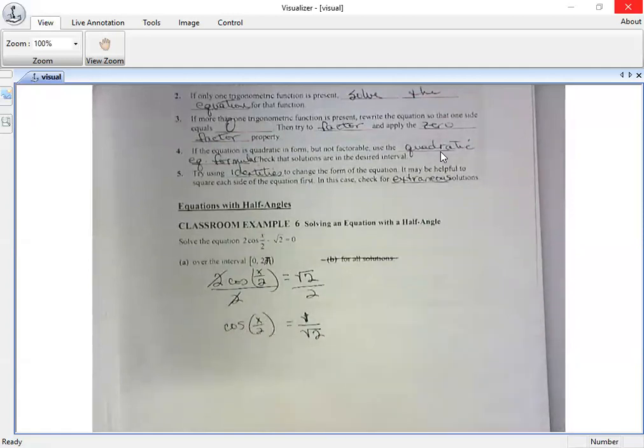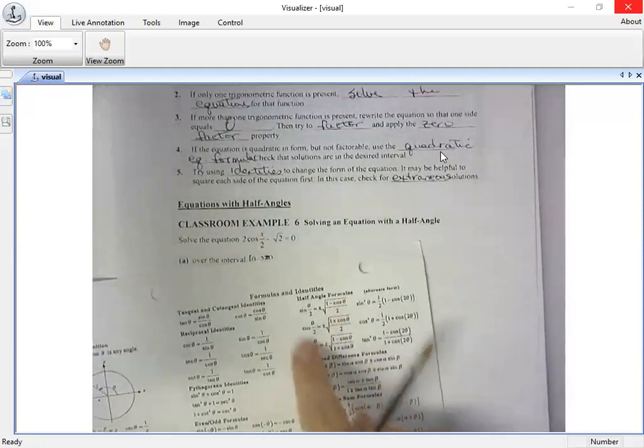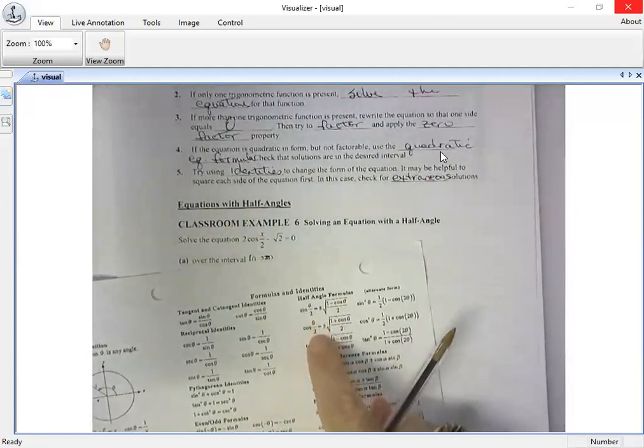Well, now be careful. This is saying the cosine of not angle x, but x divided by 2. That's different. That's the half angle. Perfect. That is a half angle identity that we're going to need. So the cosine of some angle divided by 2 has to be replaced with this.